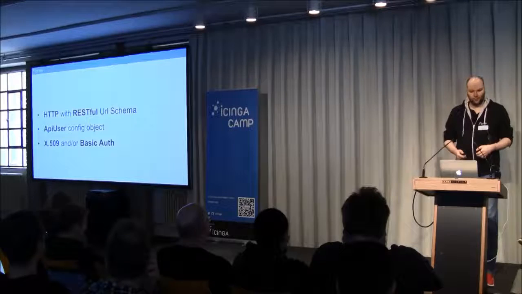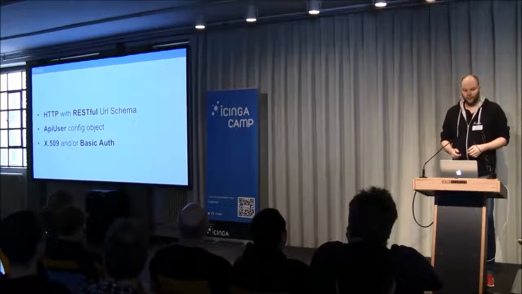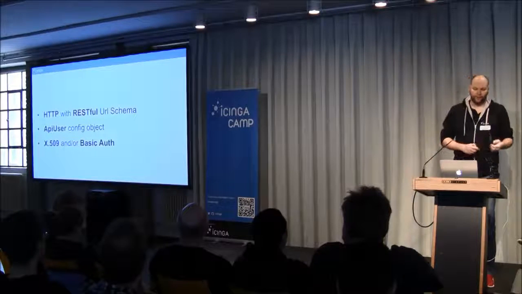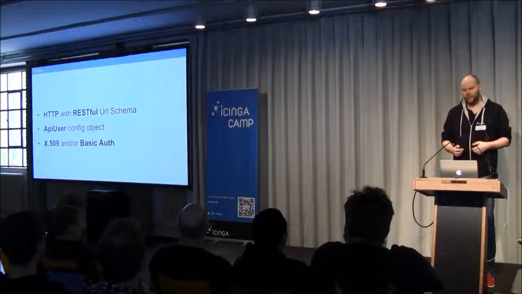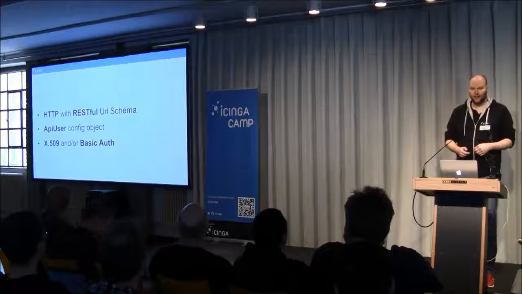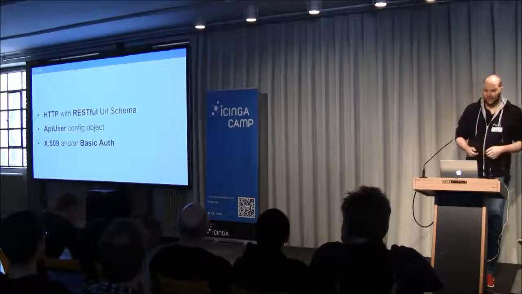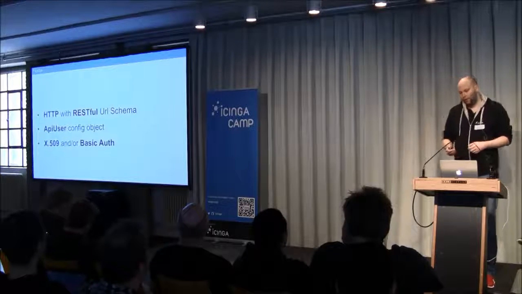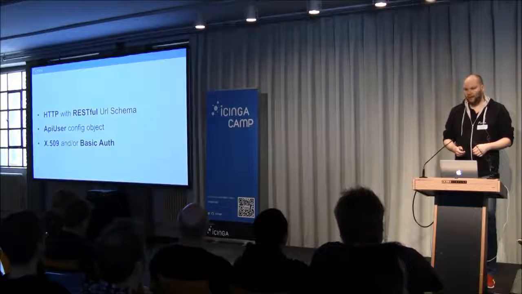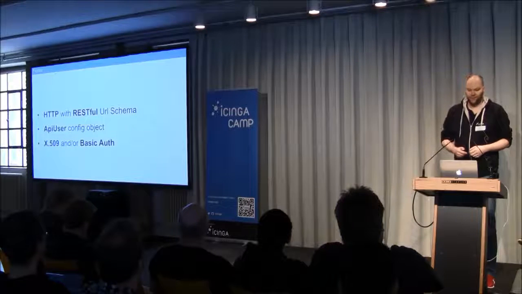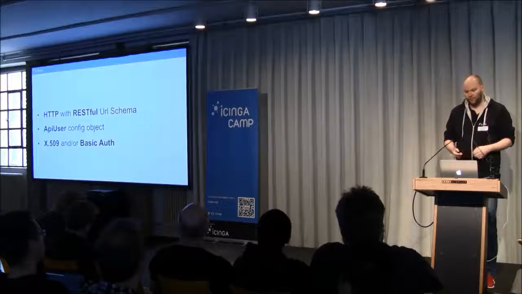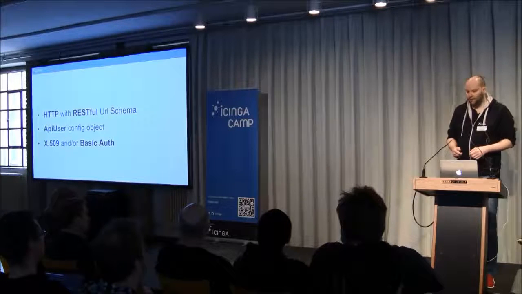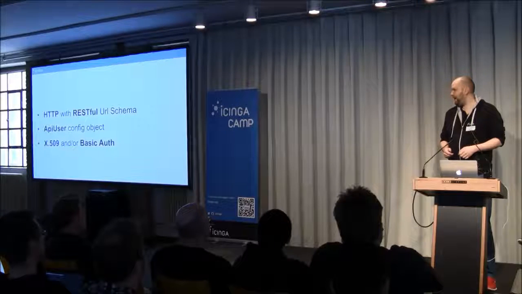So we have an API user object, I'll come to that later, which is used for authenticating against the API. We are using SSL with X509, or you could also use basic auth. That's basically the two methods. It depends on what you need. I'm mostly using basic auth for testing, but SSL certificates also work fine in the browser.